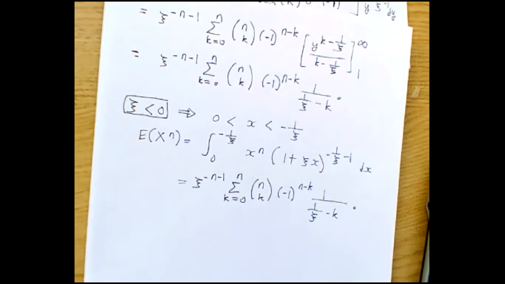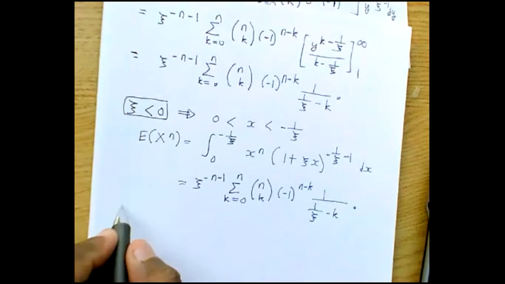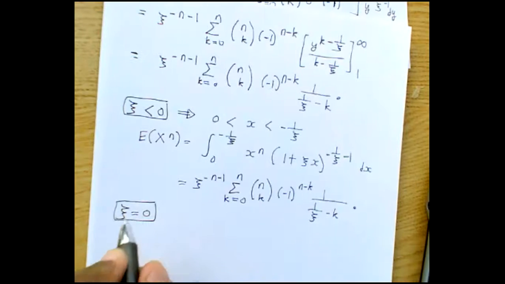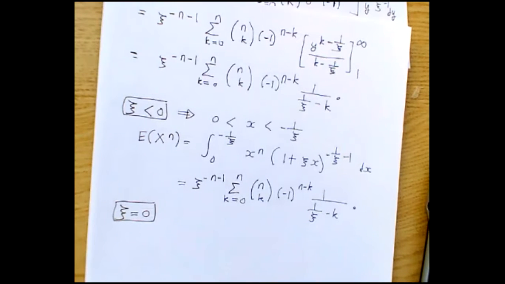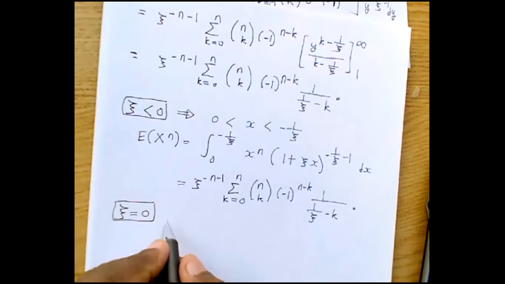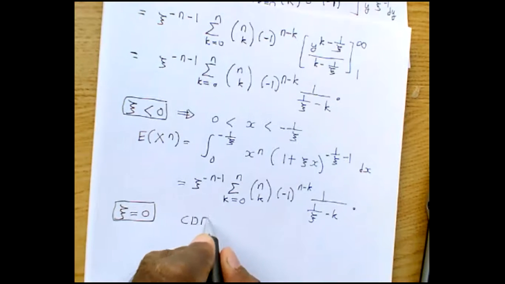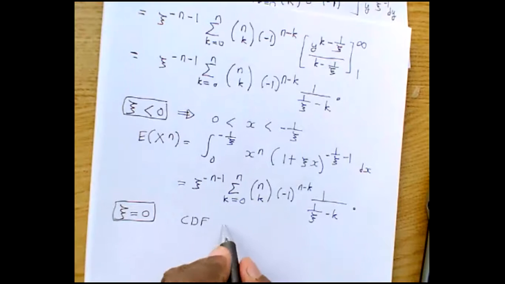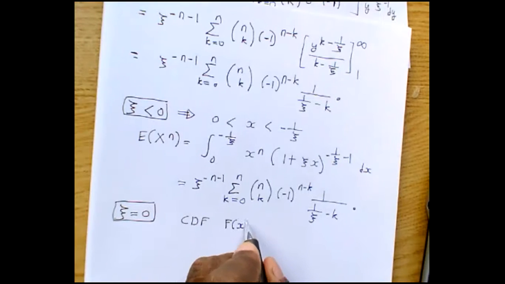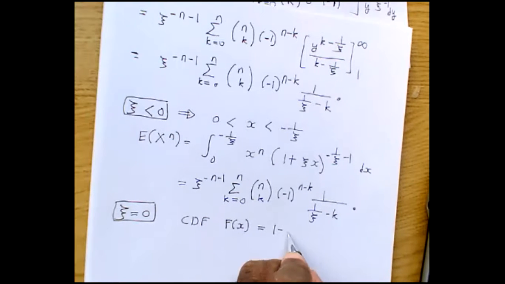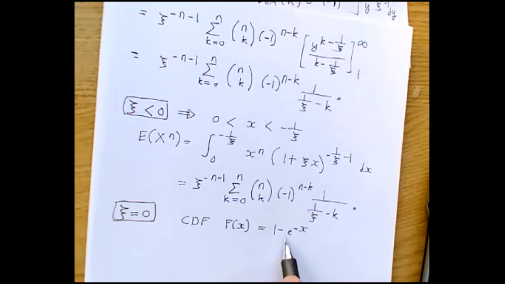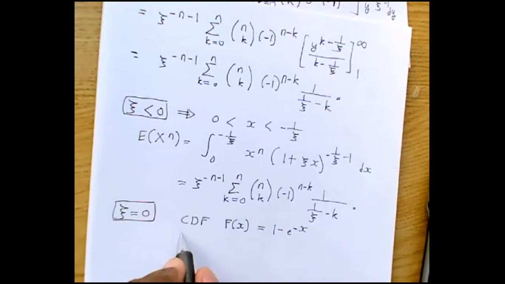Okay. Now, finally, we consider the case where the shape parameter is 0, right? In this case, I think I showed you that when psi is 0, the generalized Pareto distribution reduces to the exponential distribution, which is this. This is the CDF of an exponential, I'm sure you guys know.